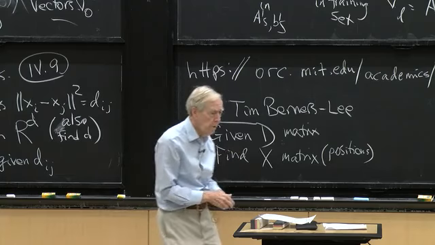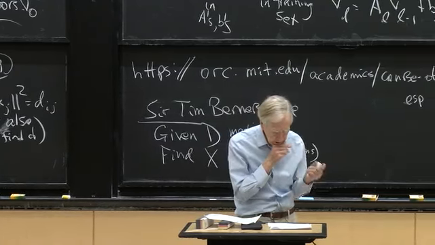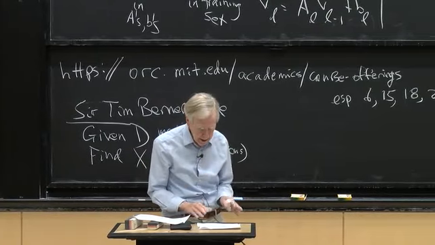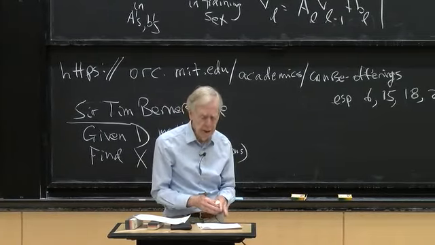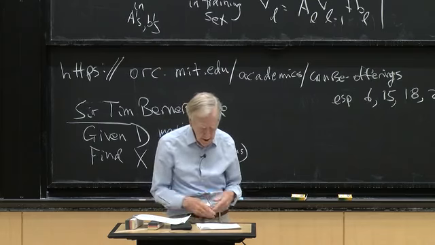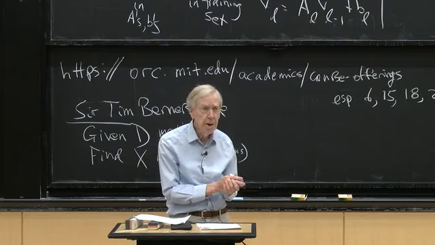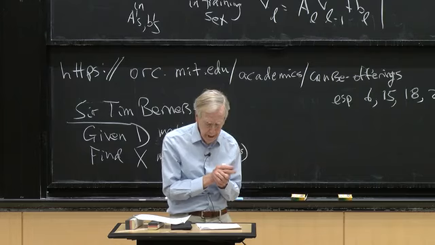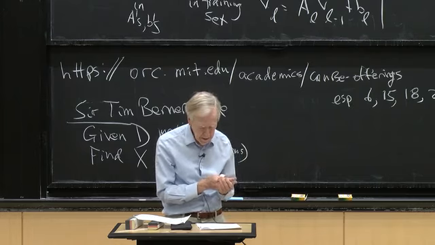That's the job. Before I start on that, the shapes of molecules is another application. Nuclear magnetic resonance gives distances, gives D, and then we find the positions, X. And of course there's noise in there and sometimes missing entries.